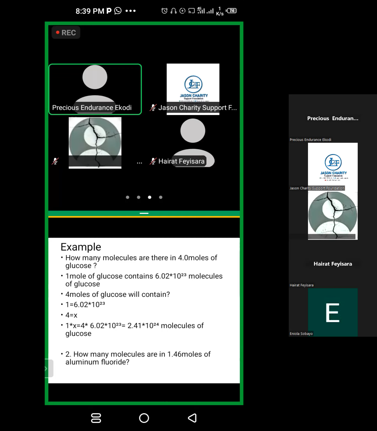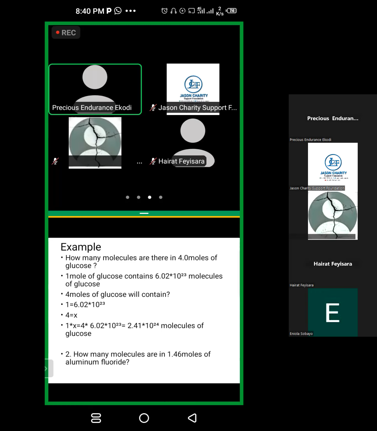So you only multiply the 4 with the 6.02. That gave us 24.1 on your calculator. But by the time you move the decimal point forward to make it two decimal places, you have 2.41 times 10 raised to the power 24.